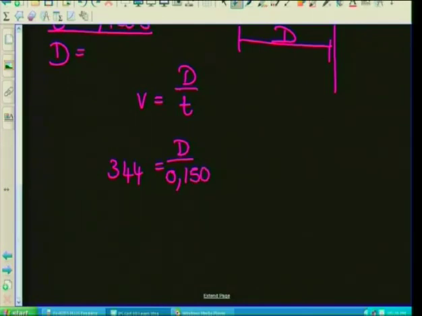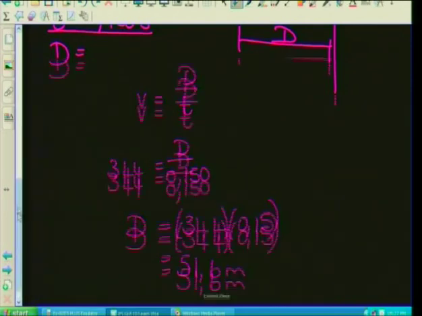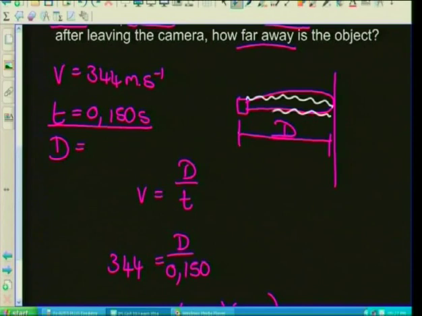Okay, that means distance equals 344 times 0.15, multiplying both sides by 0.15. And we get 51.6 meters. Okay?